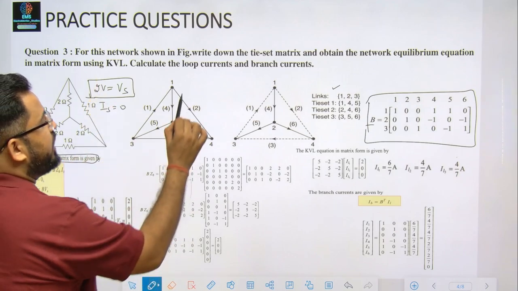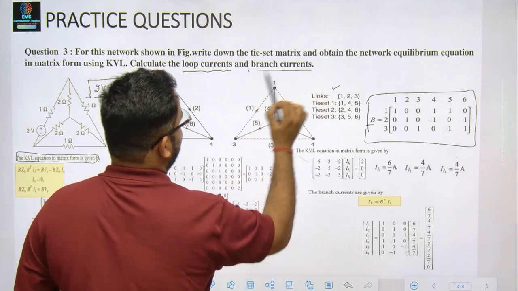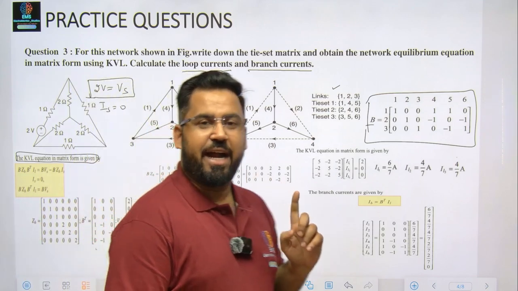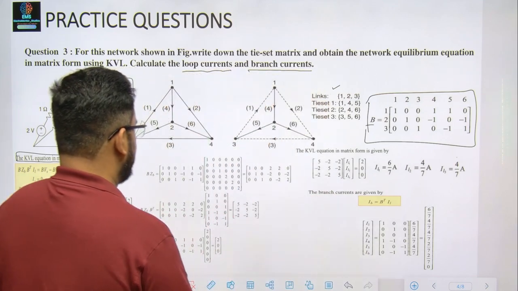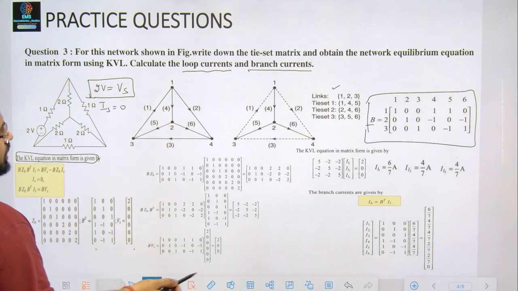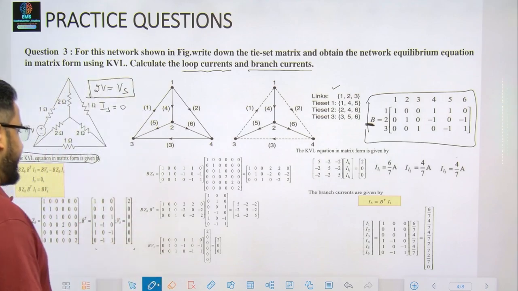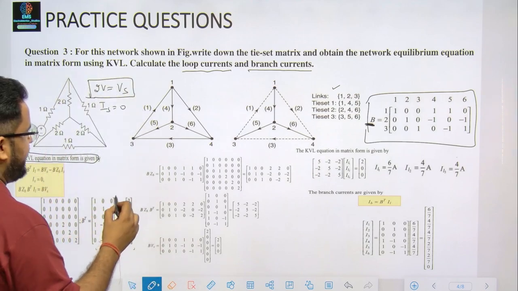Now they want us to calculate loop currents and branch currents. For loop current, it already specifies that we want a loop matrix. So what is my KVL?